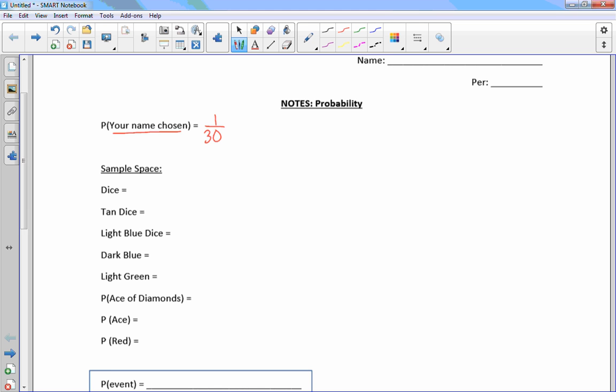Okay, the 1 represents the number of favorable outcomes over 30, which is the number of total possible outcomes.